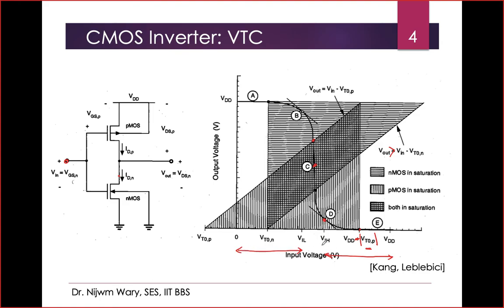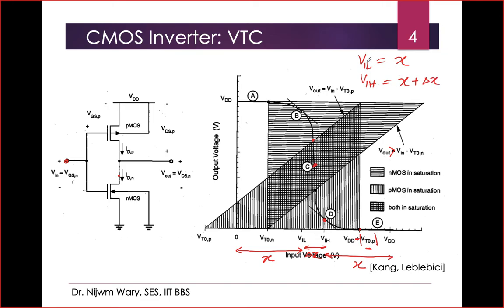Now suppose we call it some value x and x, and of course there will be a separation between these two. Let's call it delta x, which is the difference between VIL and VIH. So this is delta x. What I can write is VIL as x, and VIH as x plus delta x.